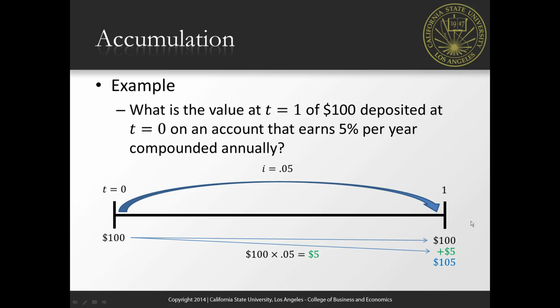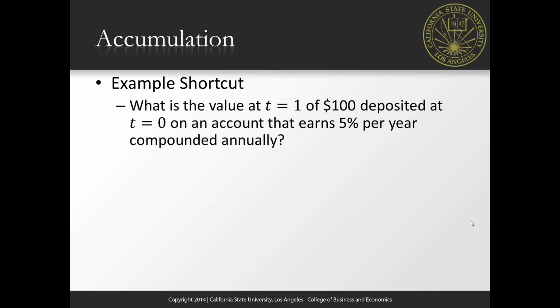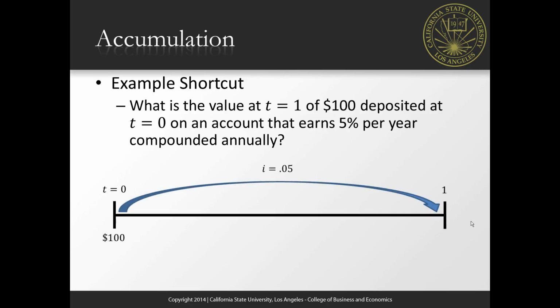Now, this is kind of a really long way of going about expressing that and figuring out that example. So let's do the same thing, except we'll use a little bit of a shortcut to help make things go by a little bit faster. So again, same question. If we were to deposit $100 today that earns 5% per year, how much will that be worth in 1 year?